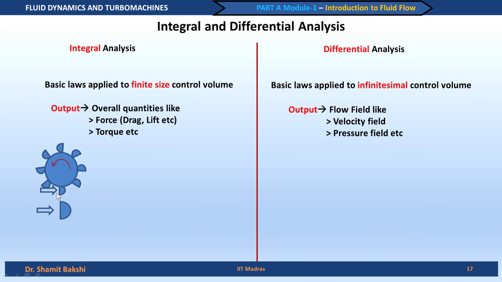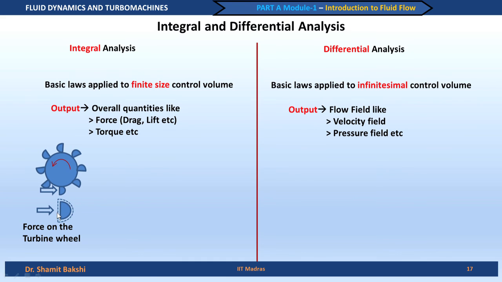If you consider just one of these, you can take a control volume across this and find out the force on the turbine wheel. This is very useful, because it helps us find out how the torque generated in the turbine is related to the velocity of the flow hitting the turbine blades, by using a control volume analysis.